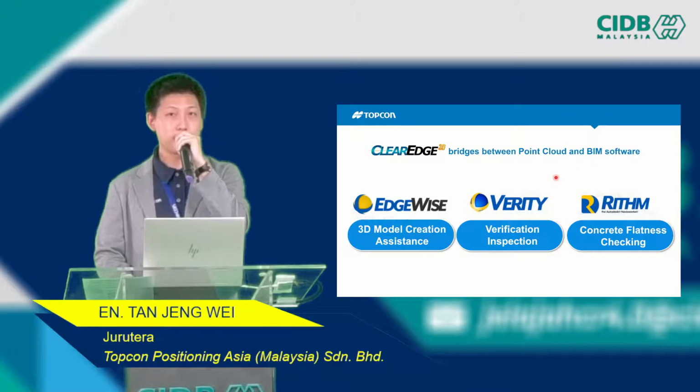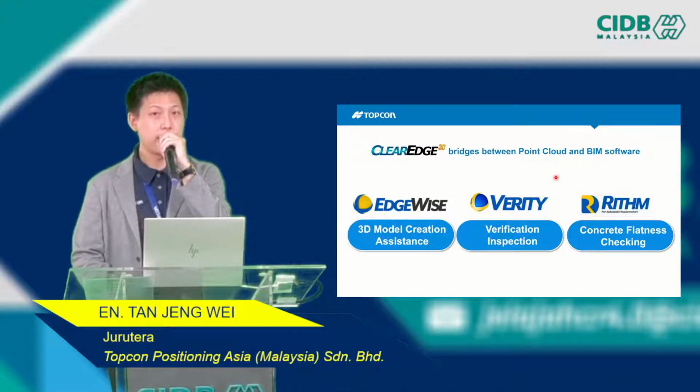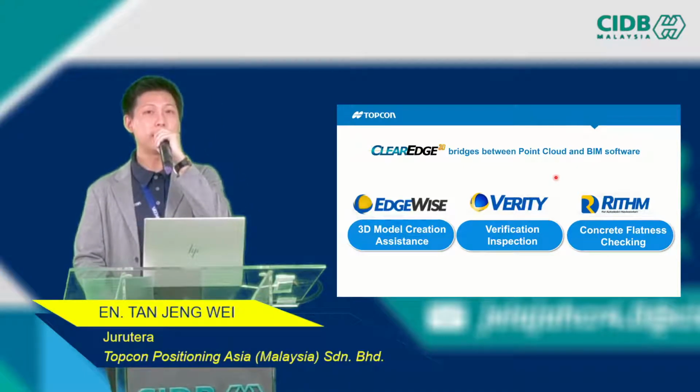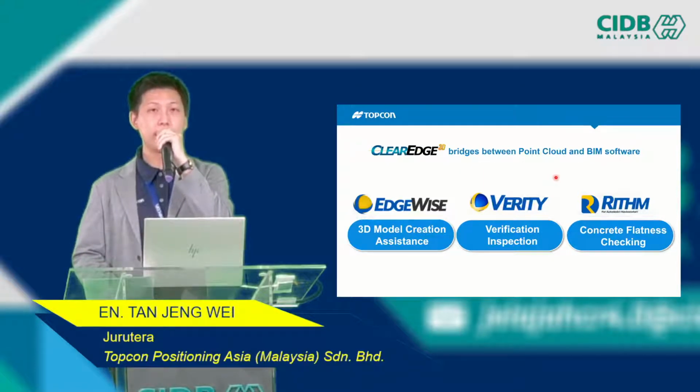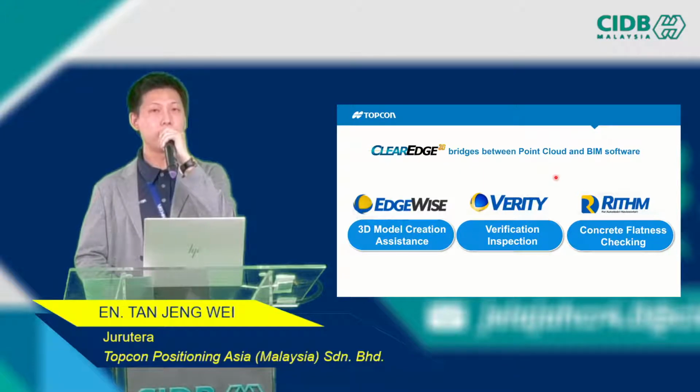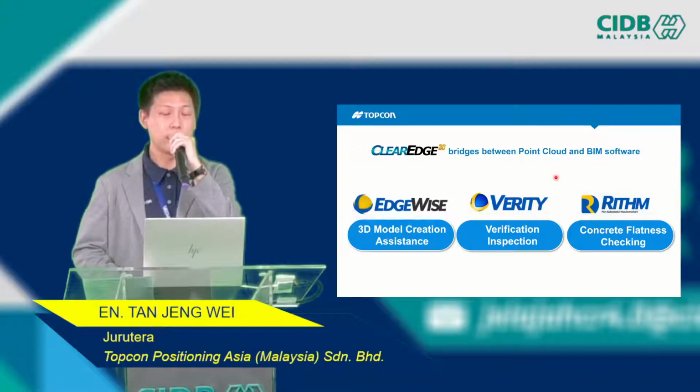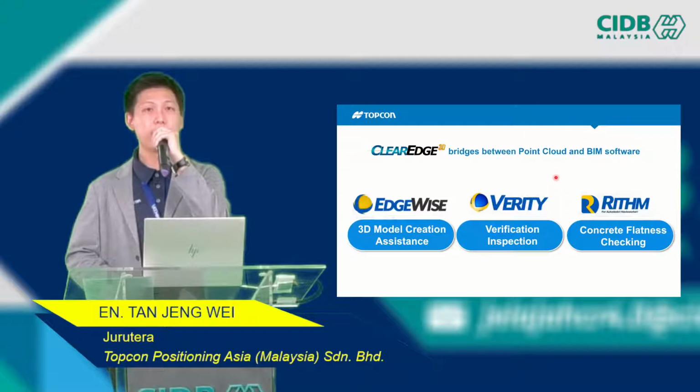The first one is H-Wise, the second one is Variety, and the third one is Rhythm. H-Wise is used for 3D model creation, and Variety we use for verification purposes, especially inspection. And for the third one, Rhythm, we use it to do the analysis on concrete flatness and levelness.